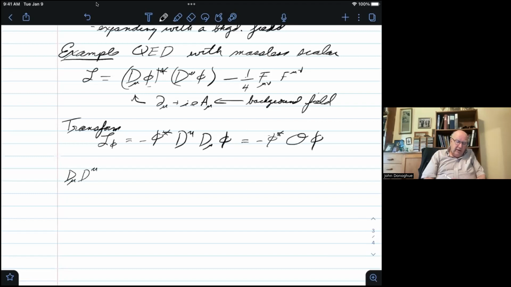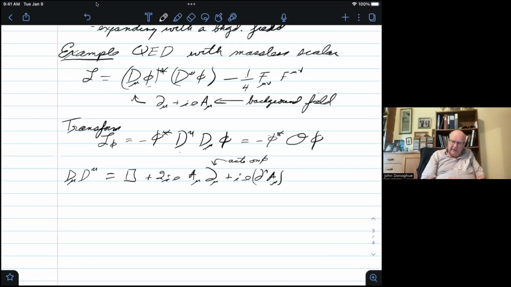So D^2 is the usual box. Then there's terms with this background field in it. There's 2i e A^mu d_mu, where this now acts on phi. There's a piece where the derivative acts on A, plus i e d_mu A^mu.